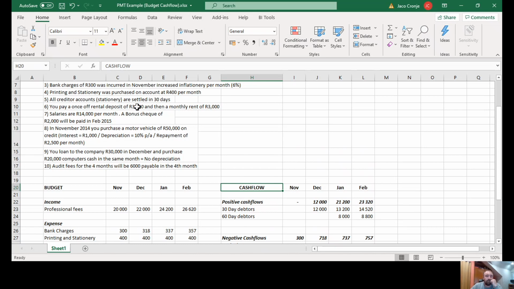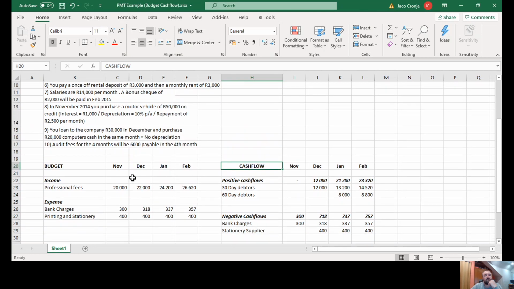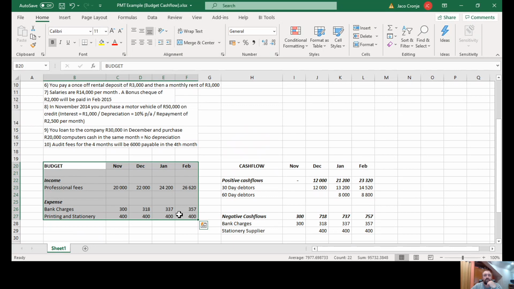If I pay a rental deposit, will my landlord give that back to me, or is the money lost? So at this point, we believe that we will get it back. So my equity hasn't actually changed. So rental deposit does not go into my budget because it's not an expense. I will in future get that money back.